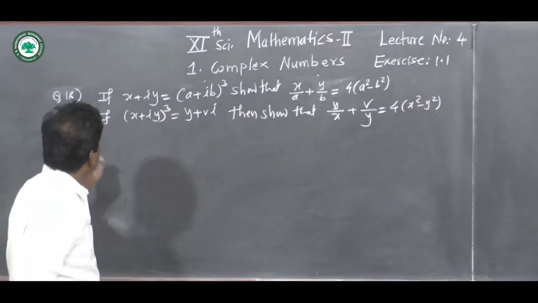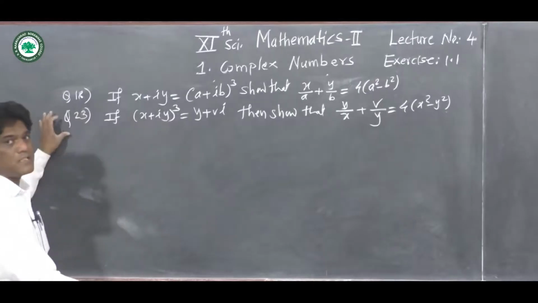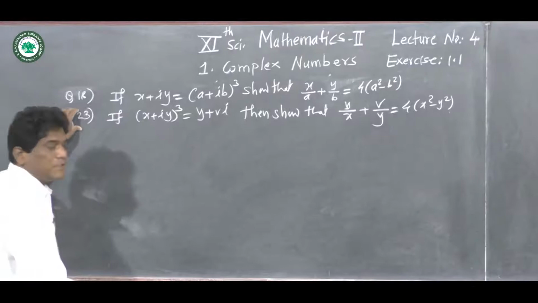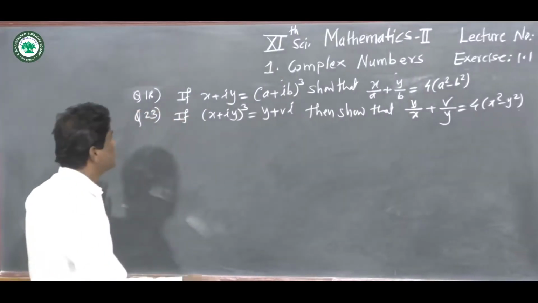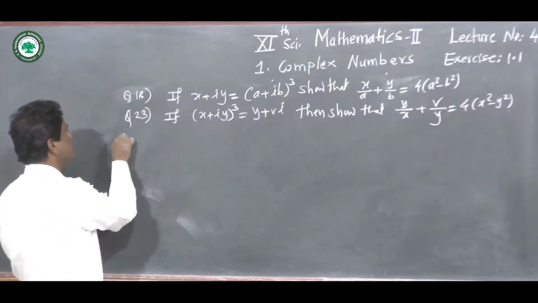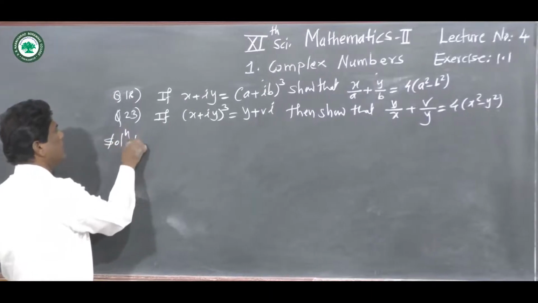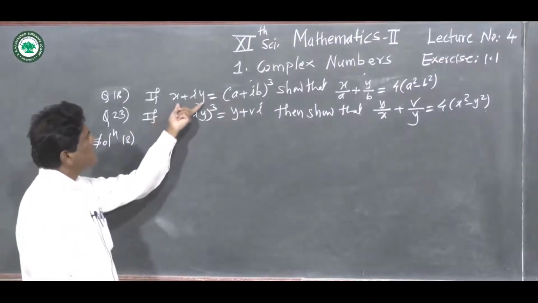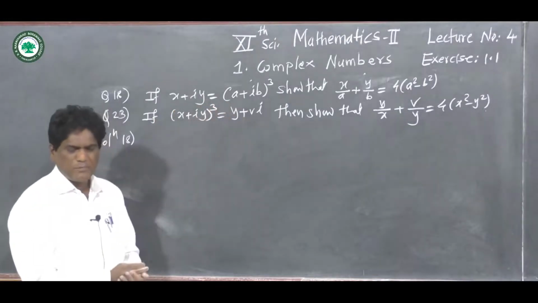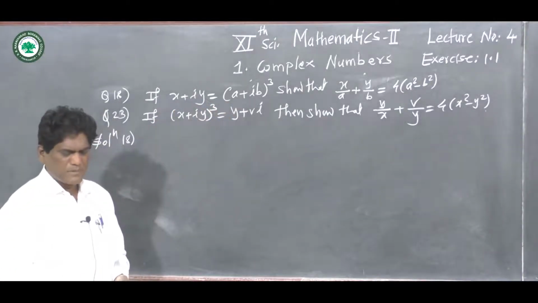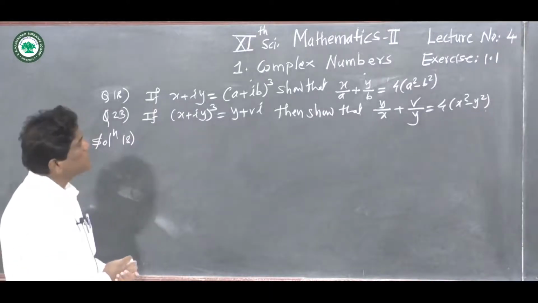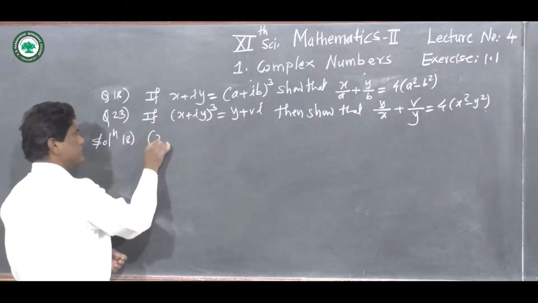See here, the 18th and 23rd questions are the same. We solve the 18th here and you solve the 23rd problem yourself. So, solution of the 18th problem. Now we have been given x plus iy is equal to (a plus ib) to the power 3.